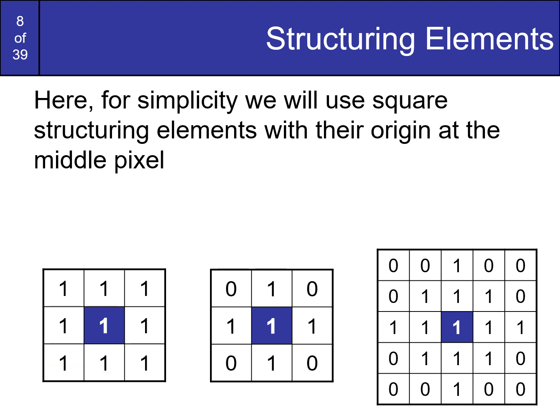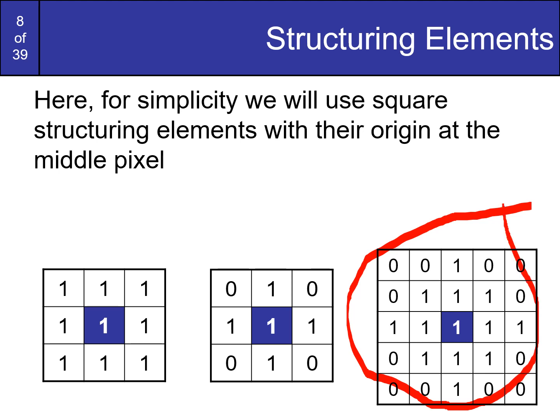Whereas the middle structuring element is a 3 by 3 square, but it is more like a cross shape, which we have seen before. And the last one on the most right is a 5 by 5 structuring element, and you can see that it makes up a diamond shape.